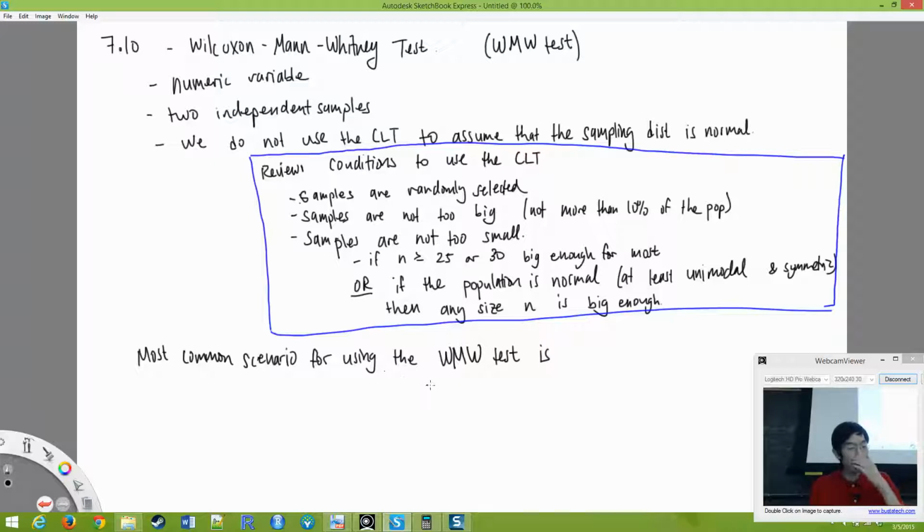Okay, so the most common scenario for using the Wilcoxon-MannWhitney test is you have two independent samples.